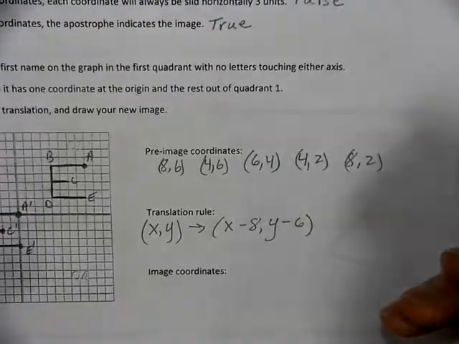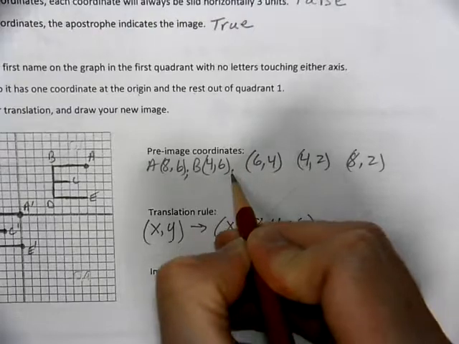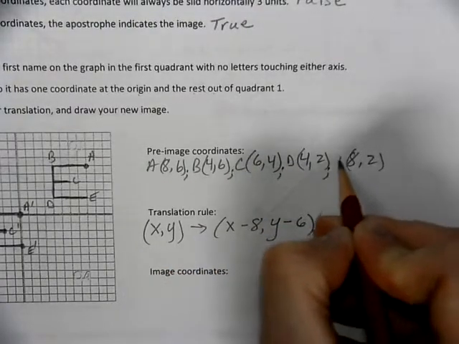Those are my coordinates. So this was point A and B, C, point D, and point E.